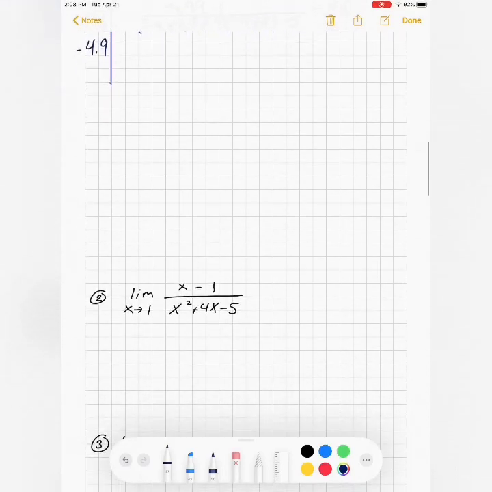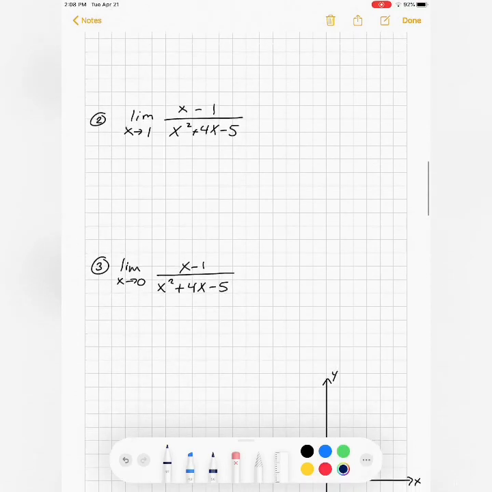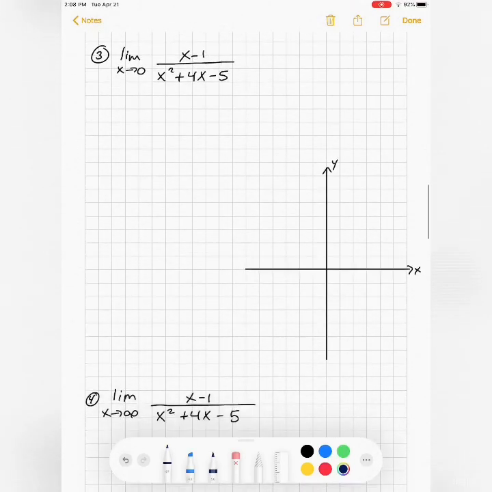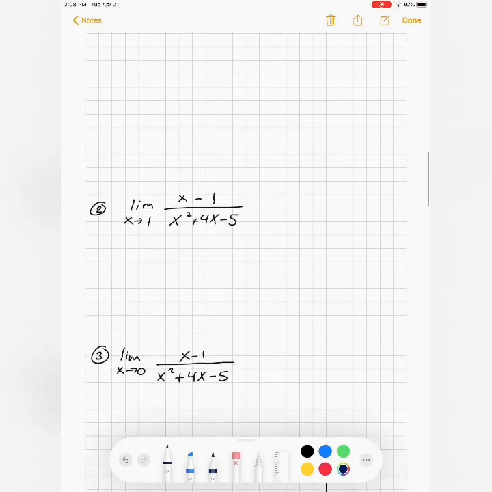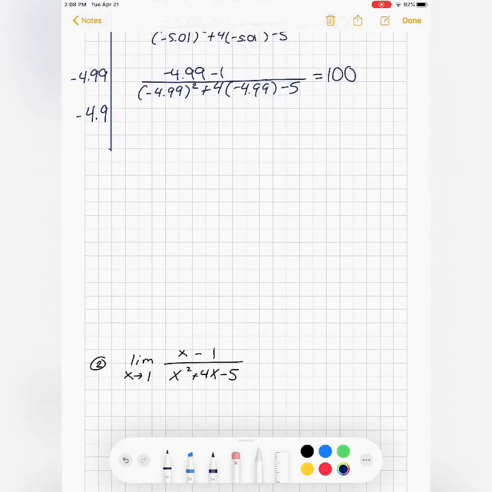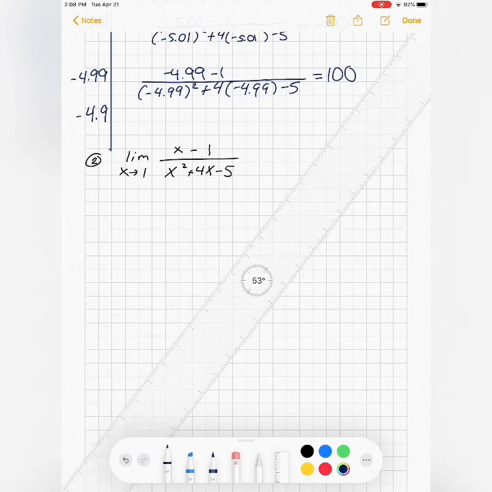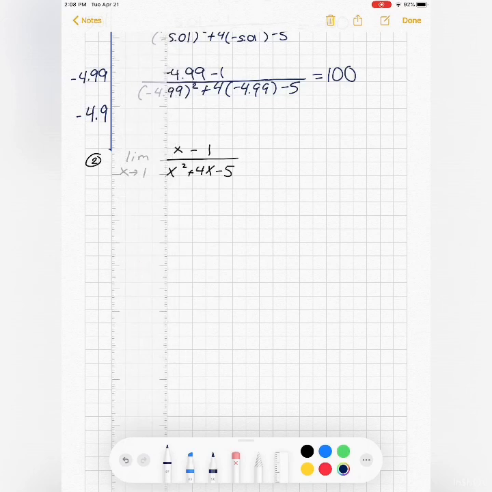Okay, but I wanted to do the same thing looking at x going to 1. So do one more of these with a table, and then I'll point out another idea, because using these tables is not really all that much fun.